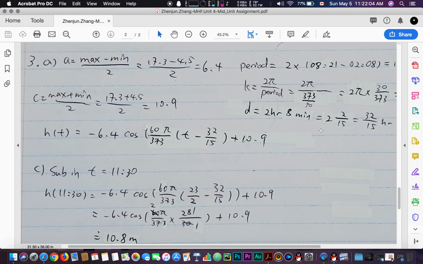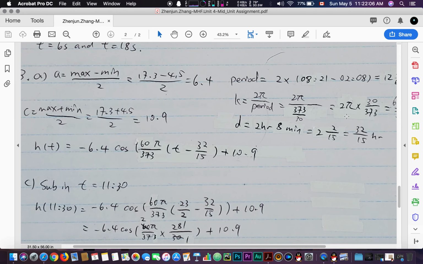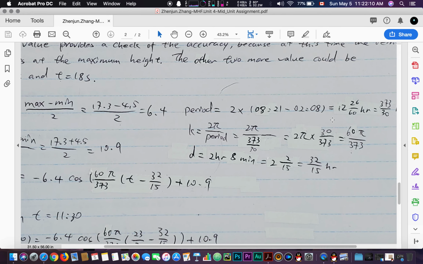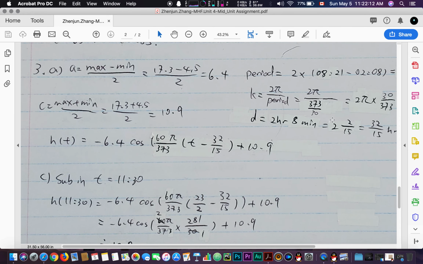Then we combine the a, k, c, d, and of course the period. Well, we will get h of t is negative 6.4 cosine 60 pi over 373, and then with t minus 32 over 15 plus 10.9.